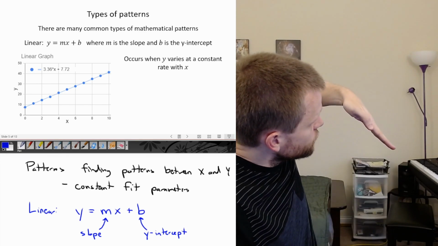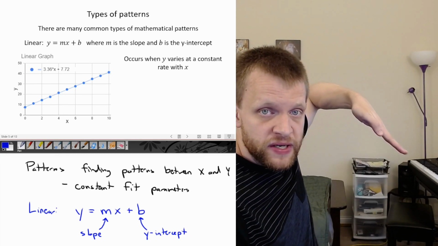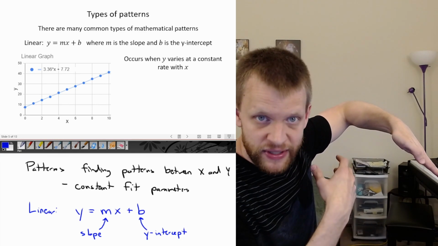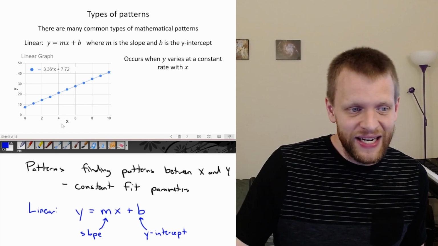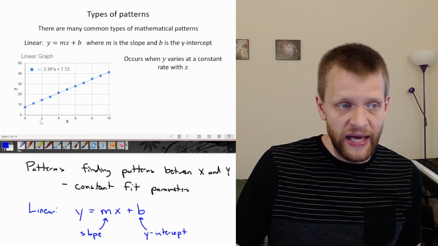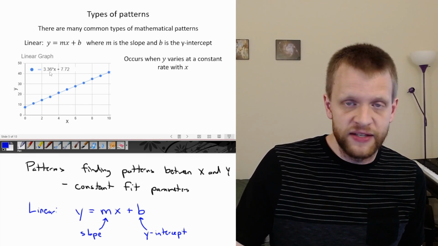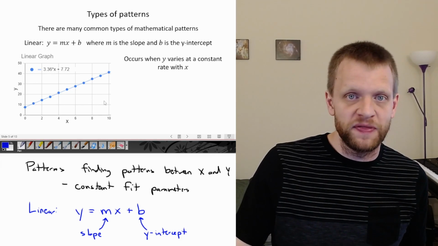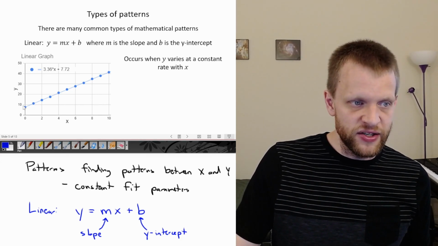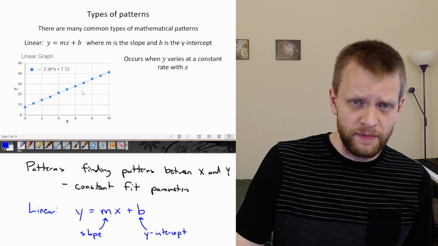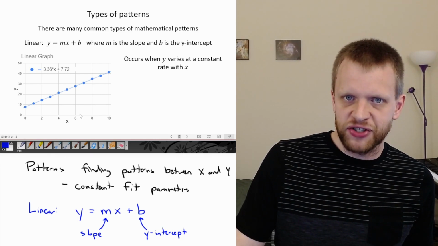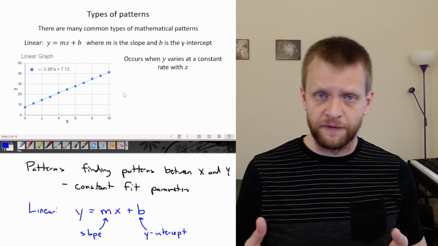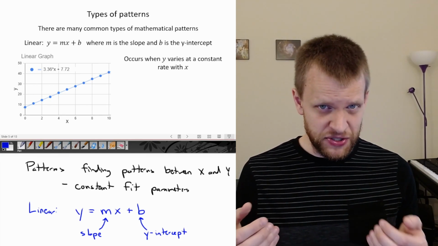If you have a negative slope, that line should be going downwards as you read the graph from left to right. So this is finding a pattern between my variable x and my variable y, and this slope is telling me something about that particular linear fit. Is y increasing as x increases? Is it increasing rapidly as x increases? It's looking for the details of that specific linear fit.